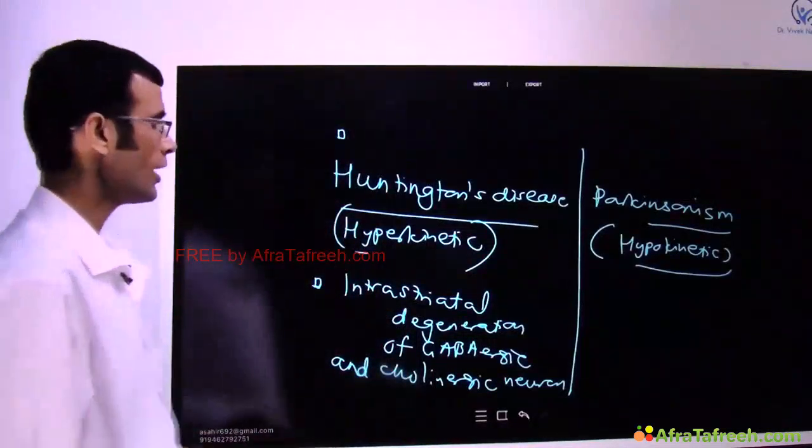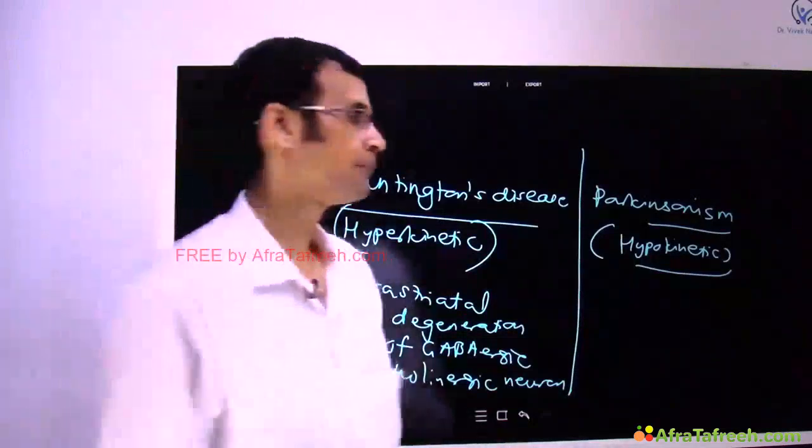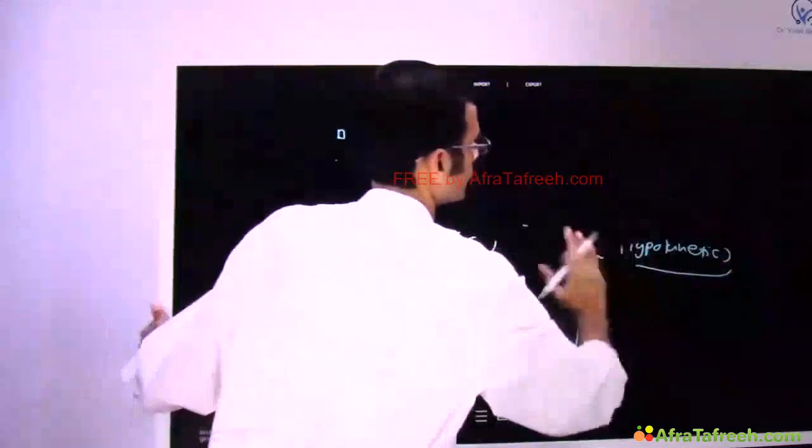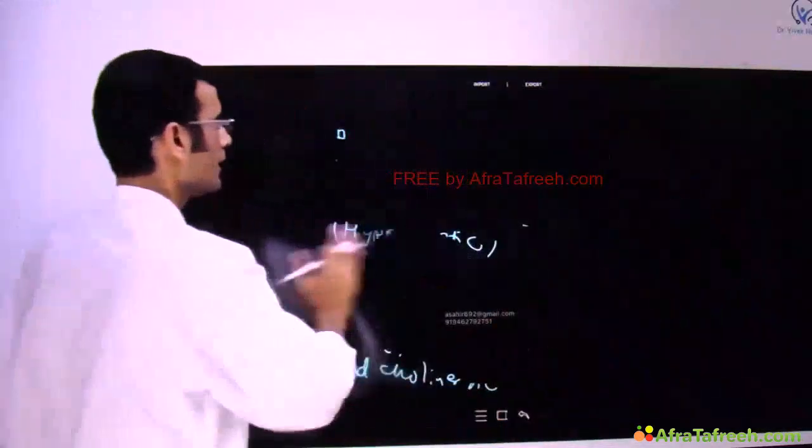Both these neurons are degenerated in Huntington's disease. So these two are the main disorders associated with the lesions of basal ganglia.